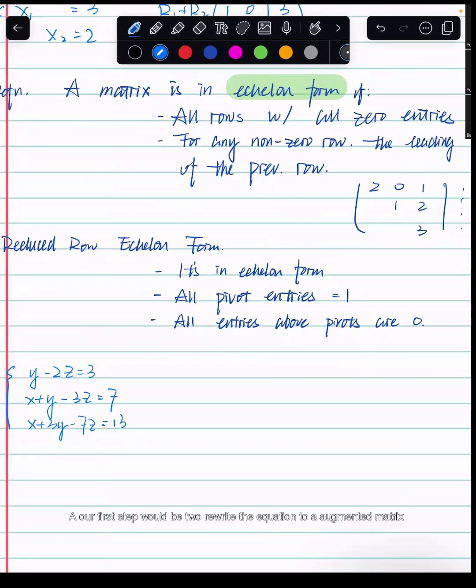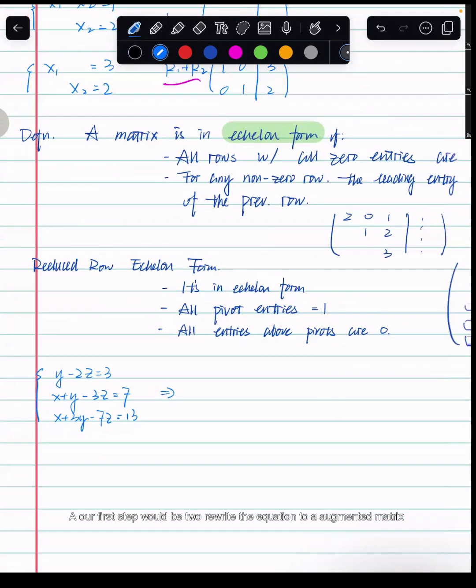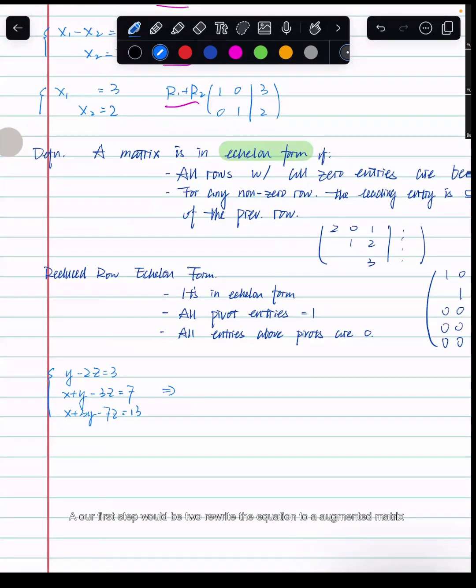Okay, our first step would be to rewrite this system as an augmented matrix. The first line would be no x, 1y, negative 2z's equals 3. The second is 1x, 1y, negative 3z's equals 7. And 1x, 3y, negative 7z's equals 13.